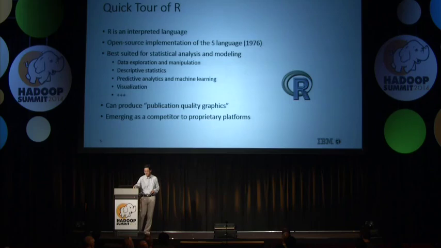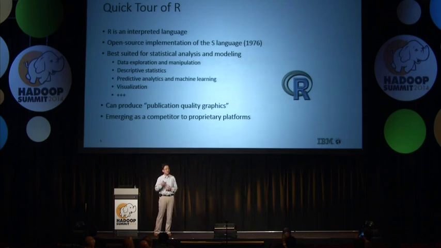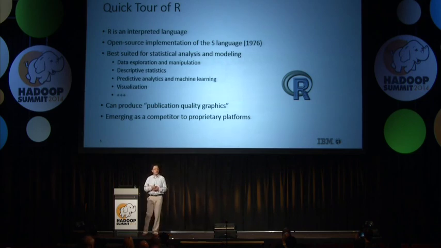So again, very quickly on R. Again, this is nothing new. I just put it up here to level set. We all know that R is very popular. It's a scripting and interpreted language. It's open source. It's free. And as I mentioned earlier, there are a lot of packages out there, and it's the de facto language for data scientists to do statistical analysis, to build descriptive and predictive models, and so on.